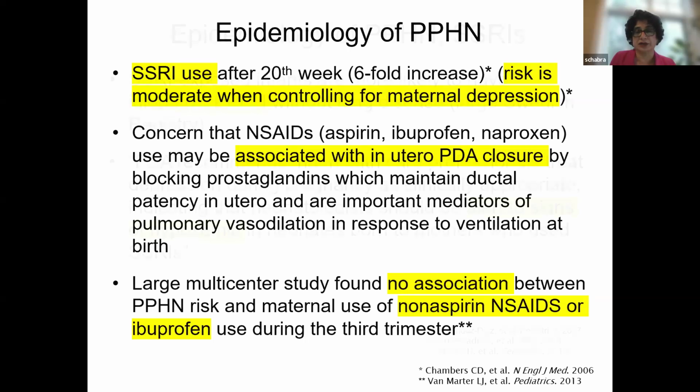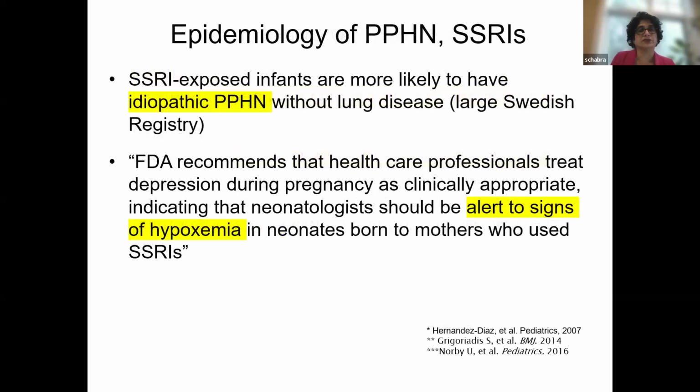However, we still worry about these mothers who have taken them. The SSRI-exposed infants are more likely to have idiopathic PPHN without lung disease, which was shown in a large Swedish registry. And we all know that the Scandinavians have a great registry, and they have great studies coming out from there.